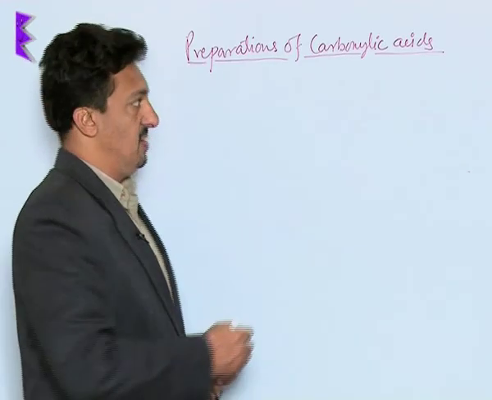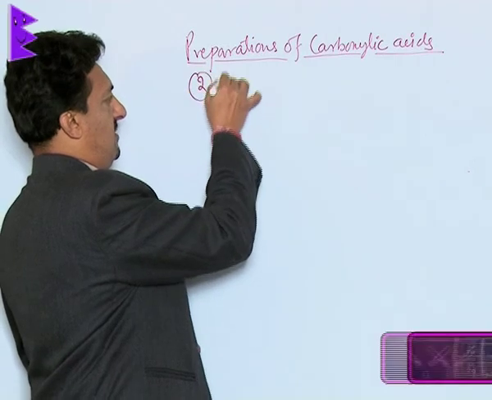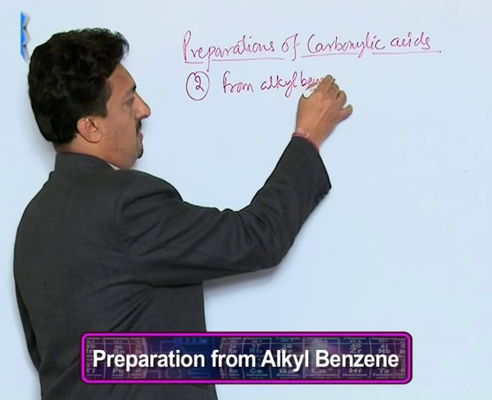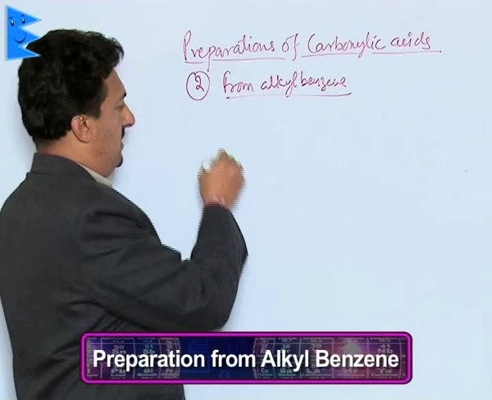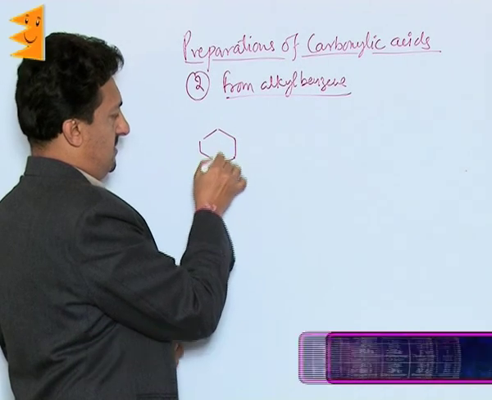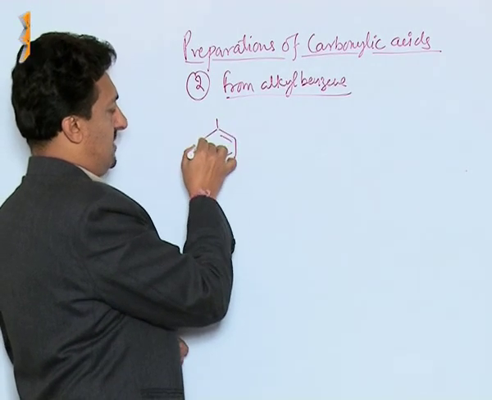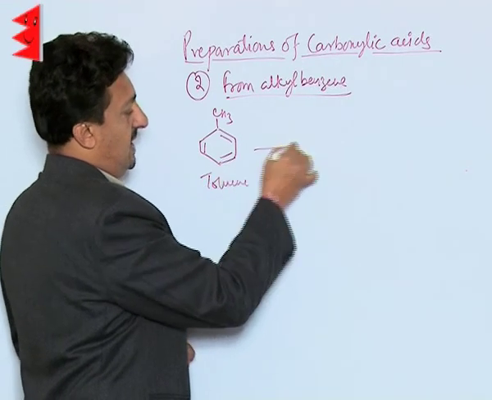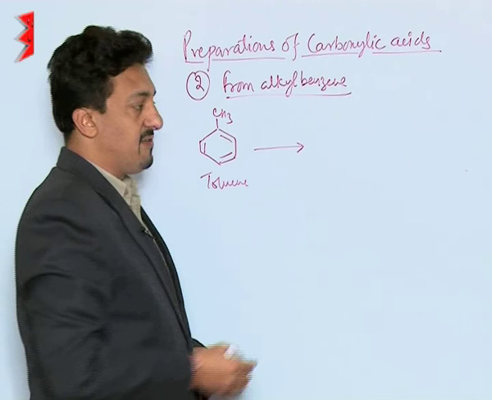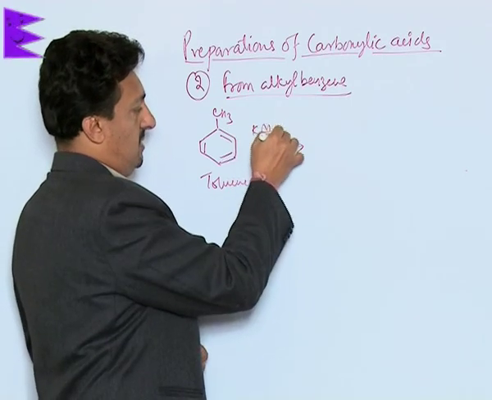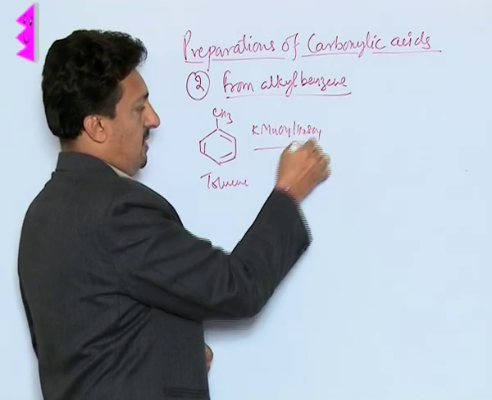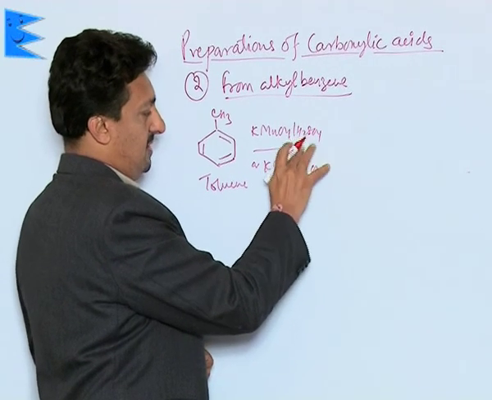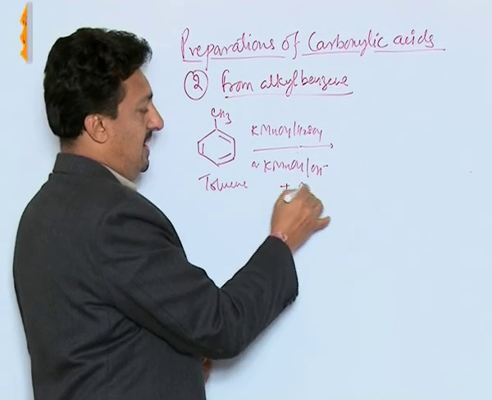The second method of preparation of carboxylic acids is from alkyl benzene. Let's take an example of toluene, or methyl benzene. This can easily be oxidized to the carboxylic acid by using KMnO4 in acidic medium or KMnO4 in basic medium, plus we heat it.